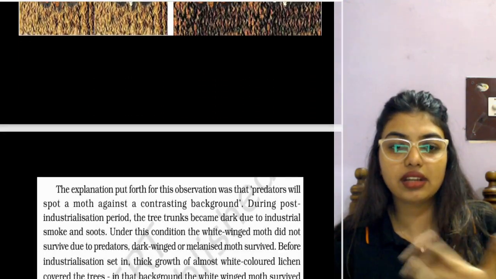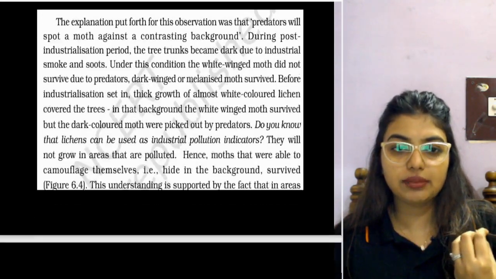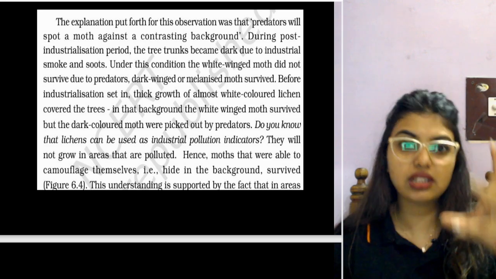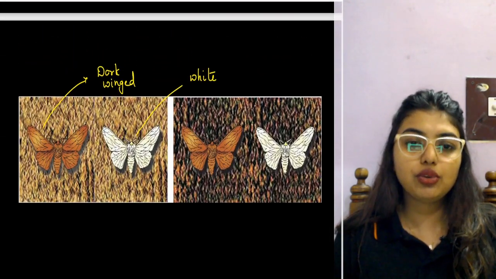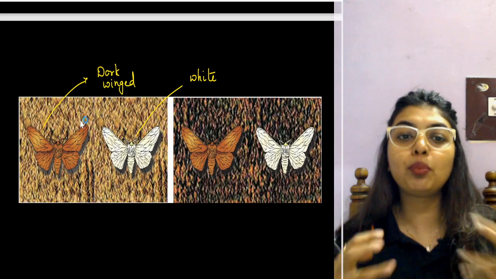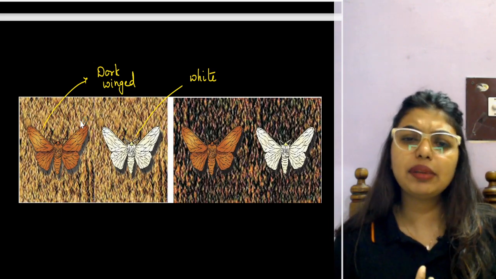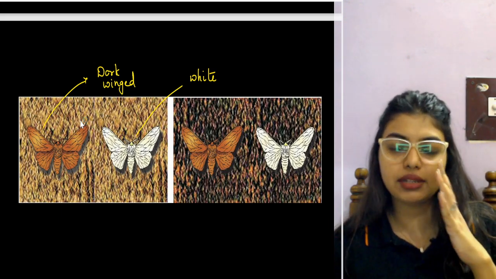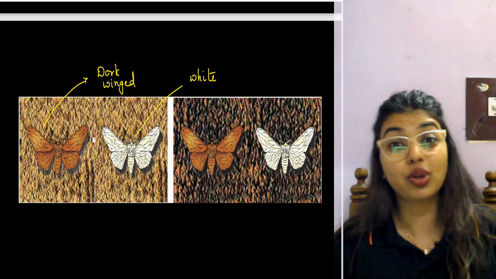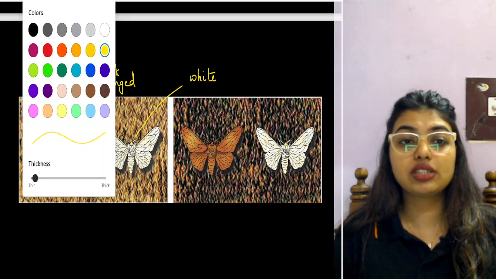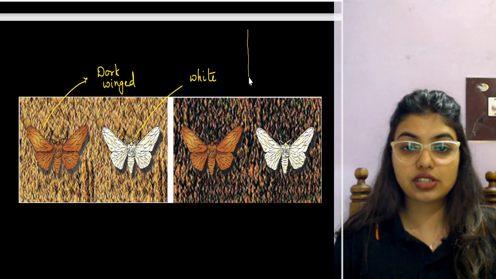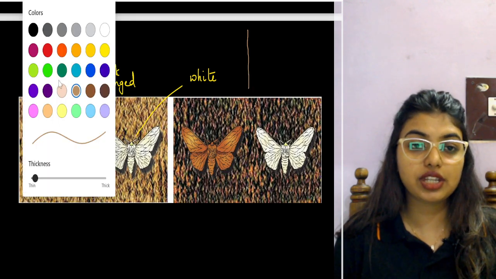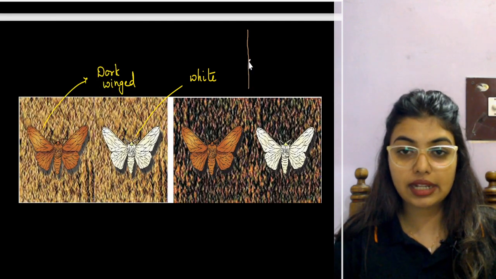You cannot get the exact color. But if you look here, you will notice that the trees were more brown in color. You might say, ma'am, the dark winged moth won't be seen, but just understand that these are not the exact colorations. So let's say this is how the trees looked, and the white-winged moths were present like this.